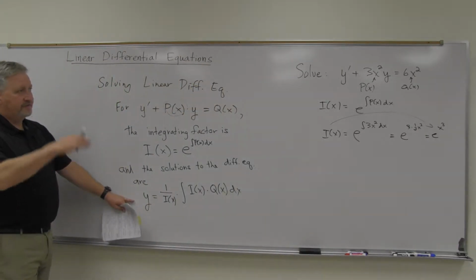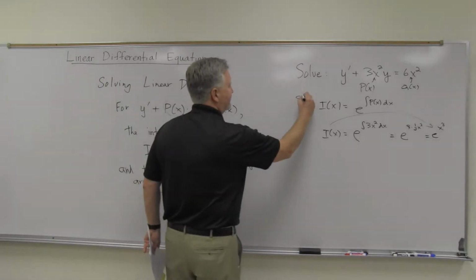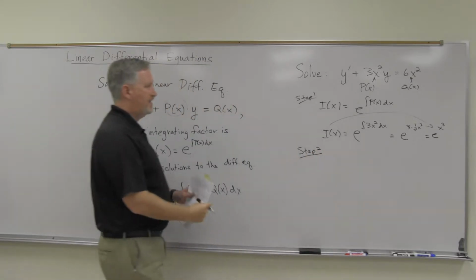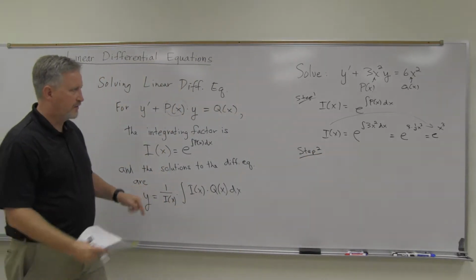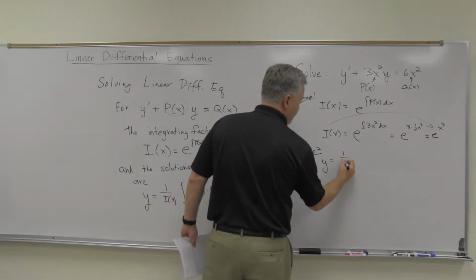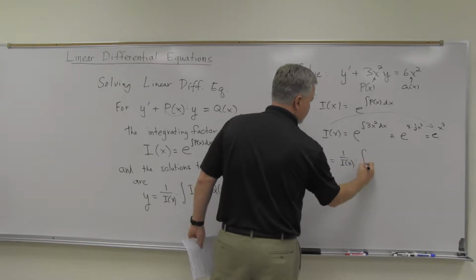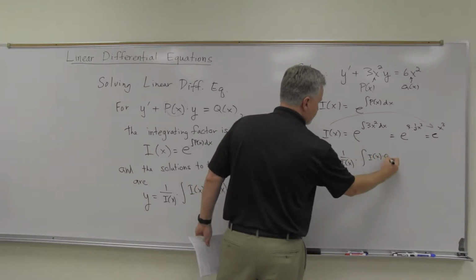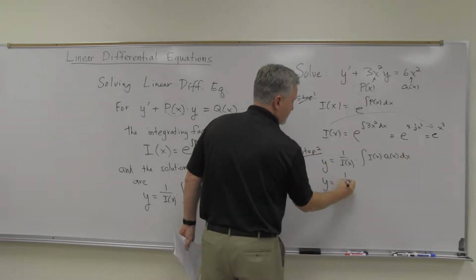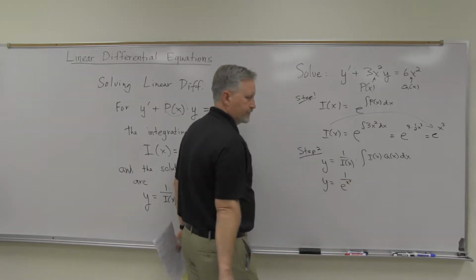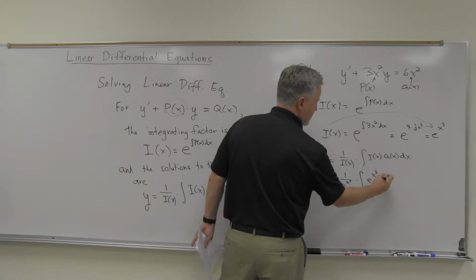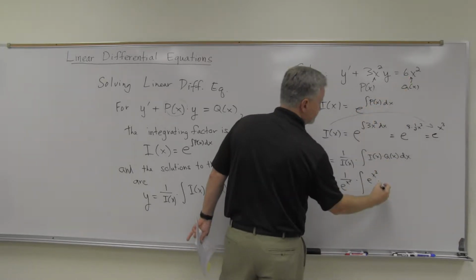All right, now step 2, so that's step 1. Step 2 here is then take that and plug the I of x into our solution formula. It's 1 over I of x times the integral of I of x times q of x dx. So we've got the I of x, so it's 1 over e to the x cubed times the integral, again, I of x, so e to the x cubed again, times q of x, so go back to the original equation, 6x squared.